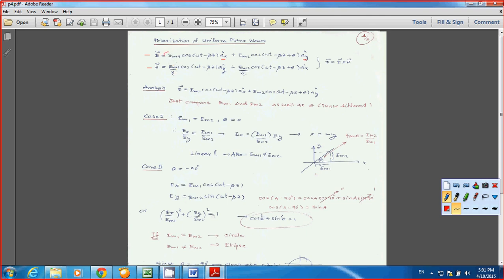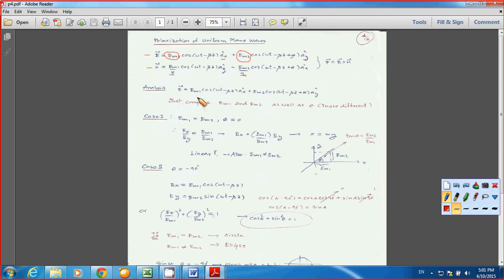What you can have is the amplitude of the x component of the electric field and the y component of the electric field, and also the phase difference between the component in x and the component in y, right? There are only two factors that you have to consider. And the same for the magnetic field, you know that H equals E over eta, so simply divide the y and x components by eta.